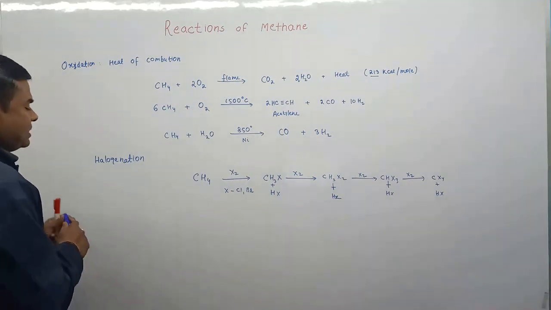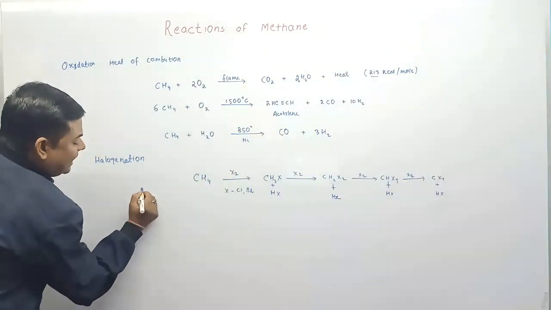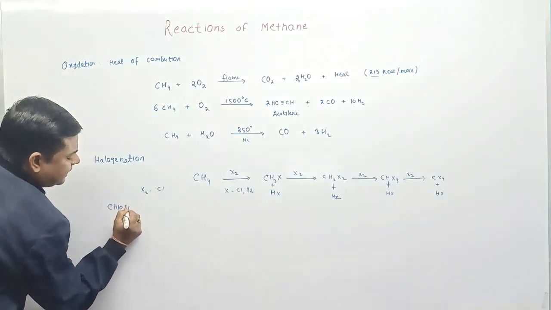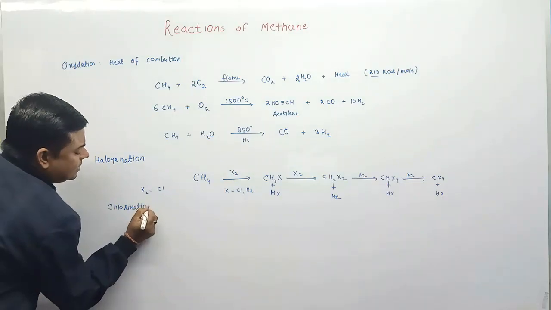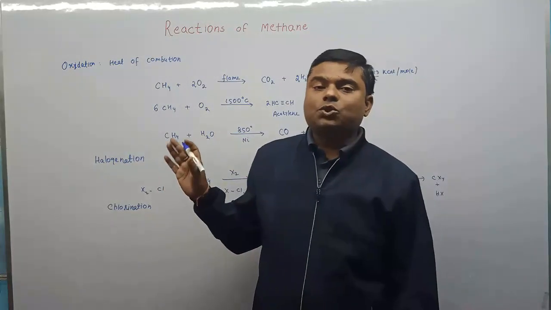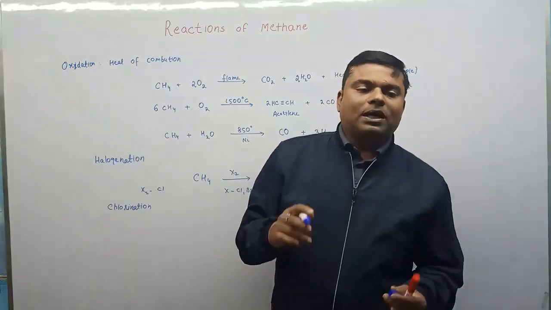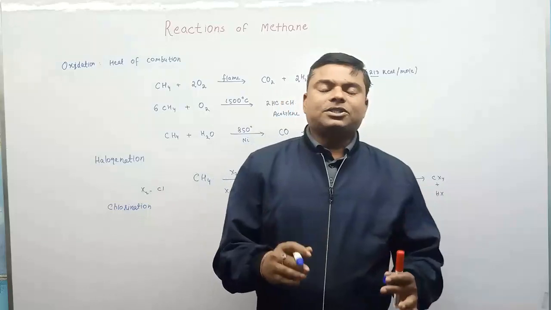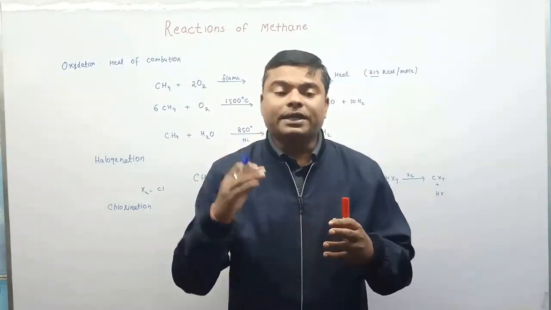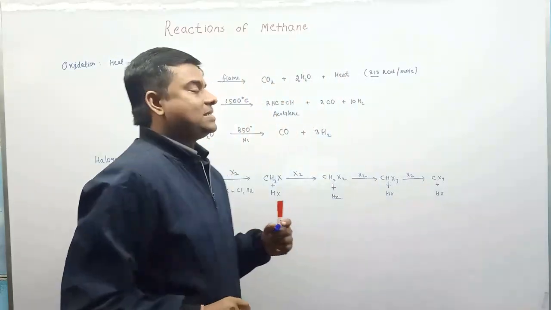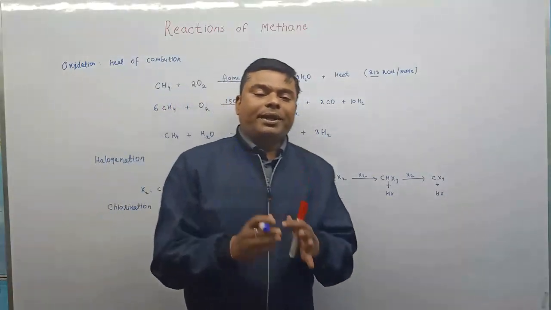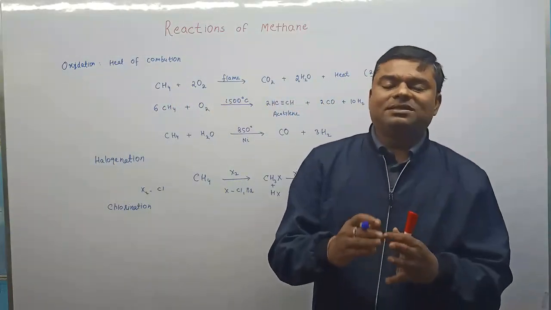If we take X2 as Cl2, the reaction becomes chlorination. This is a substitution type reaction, and this reaction requires heat energy to proceed further. Under the influence of ultraviolet light or at a temperature of 250 °C to 400 °C, a mixture of two gases, methane and chlorine, react vigorously to yield hydrogen chloride and a compound, CH3Cl.